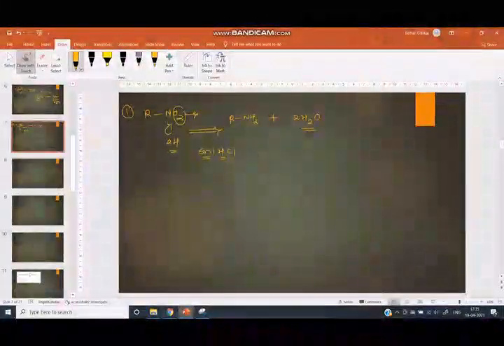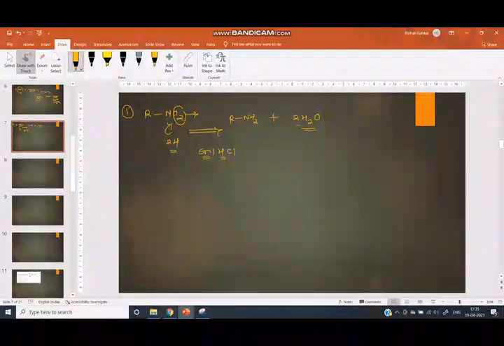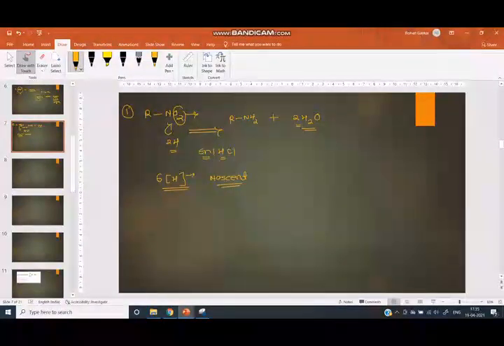Here from Sn/HCl we require 6 hydrogen, 2 for nitrogen and 4 for water. In bracket this hydrogen is called nascent hydrogen. Why is it called nascent hydrogen? Nascent hydrogen means newly born hydrogen. This hydrogen we get from Sn/HCl. Sn in presence of HCl gives H plus ions. This hydrogen reduces this nitroalkane to amine.